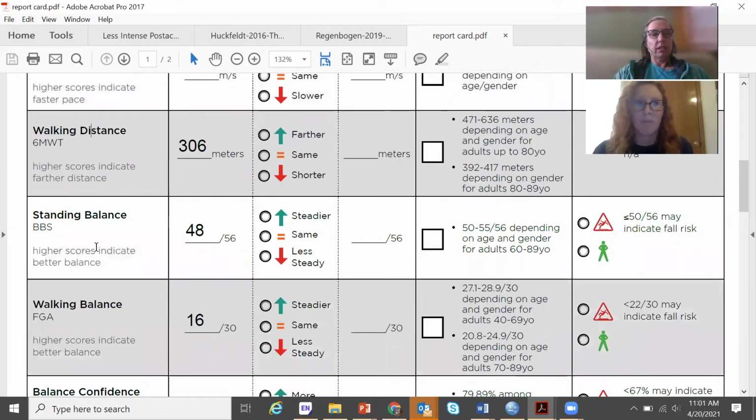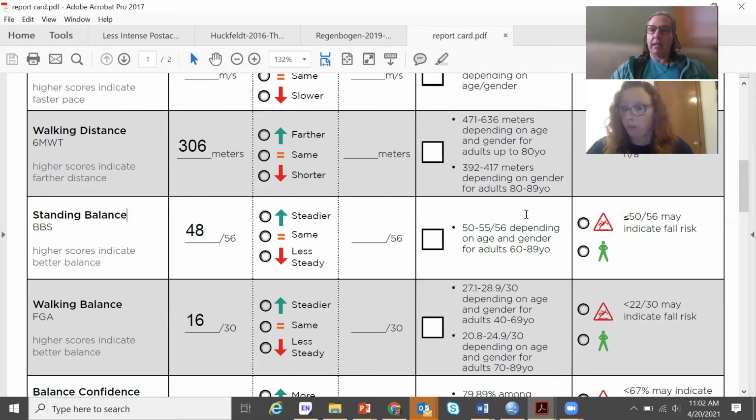So let's take a look. I'm not going to show us each category of rehab measures for the Shirley Ryan, but what does this score mean for standing balance? A Berg Balance Scale of 48 out of 56. If you go to Shirley Ryan, you'll find that less than 47.5 out of 56 is deemed slow walker status.